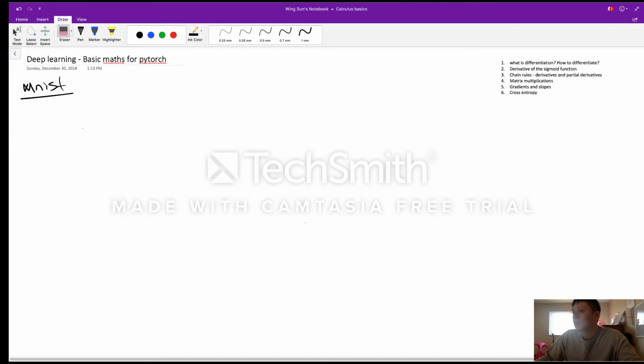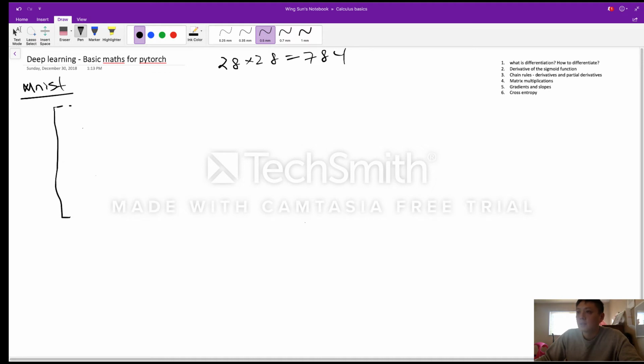Okay, so recall 28 times 28 is equal to 784. That tells me my input layer has to have 784 nodes.